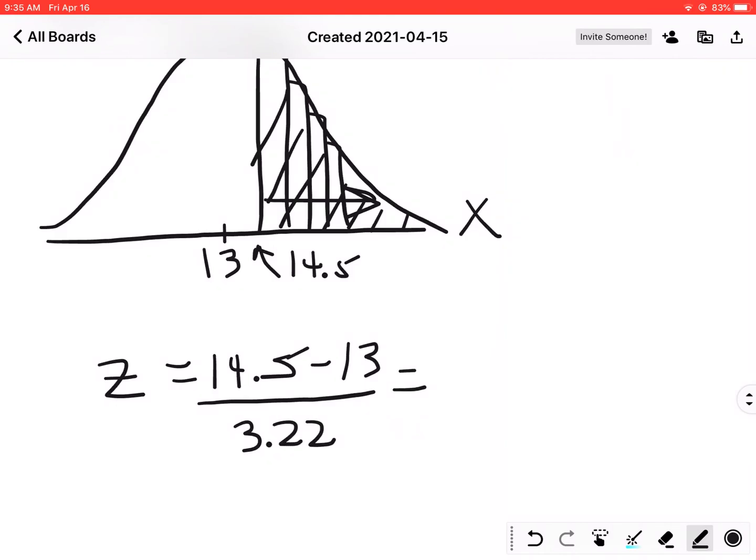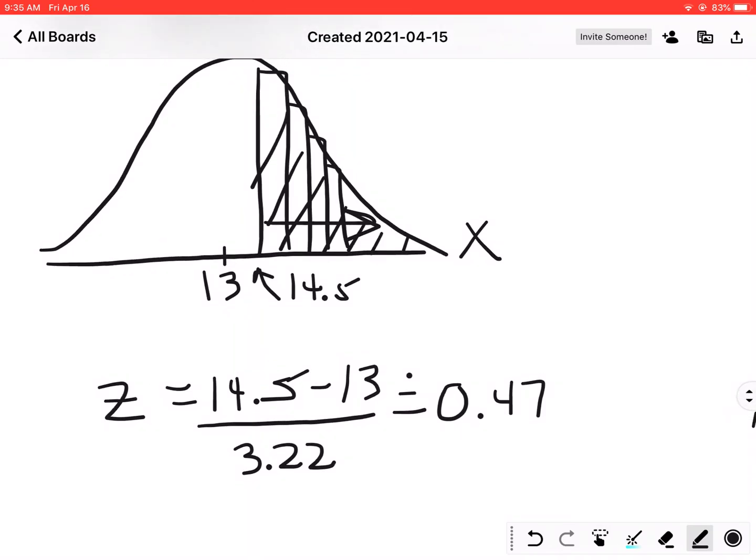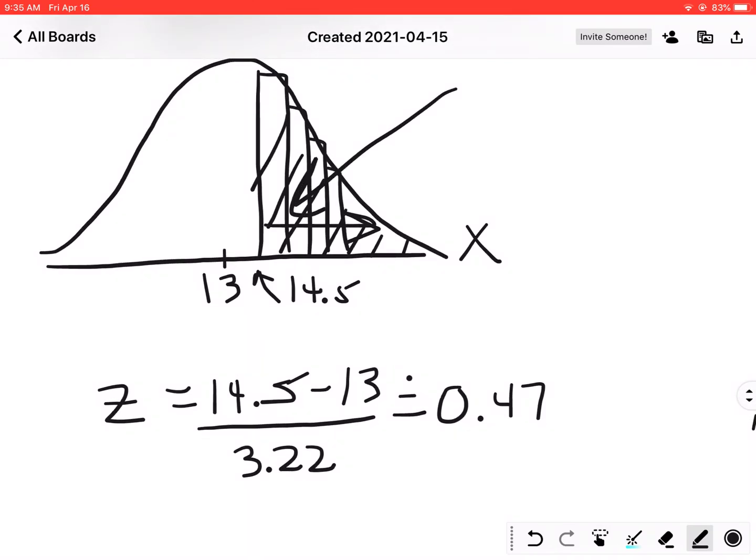And when I calculate this, I get roughly 0.47. This is a key value. And remember, we want the area to the right.